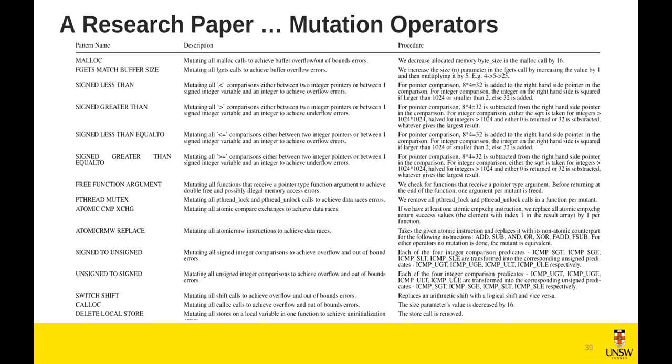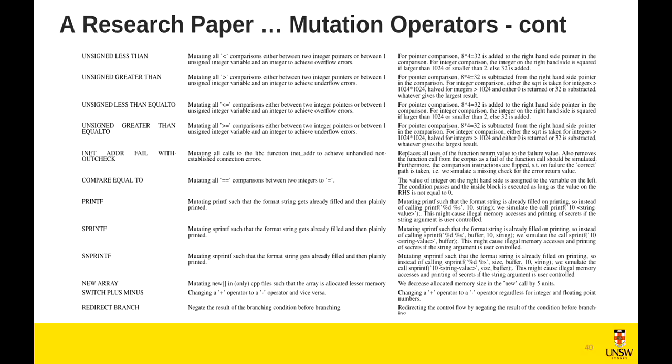But this paper is still useful because it documents all the mutation operators it used to modify the C code. They have many different mutation operators, which are called patterns here. For example, they can mutate malloc calls to cause buffer overflow or out-of-bounds errors. This is very close to some real mistakes made by developers.